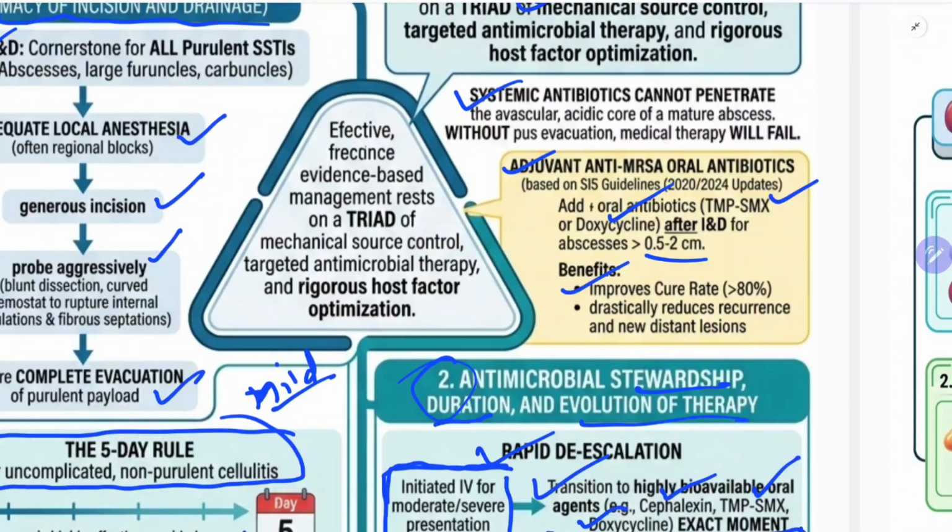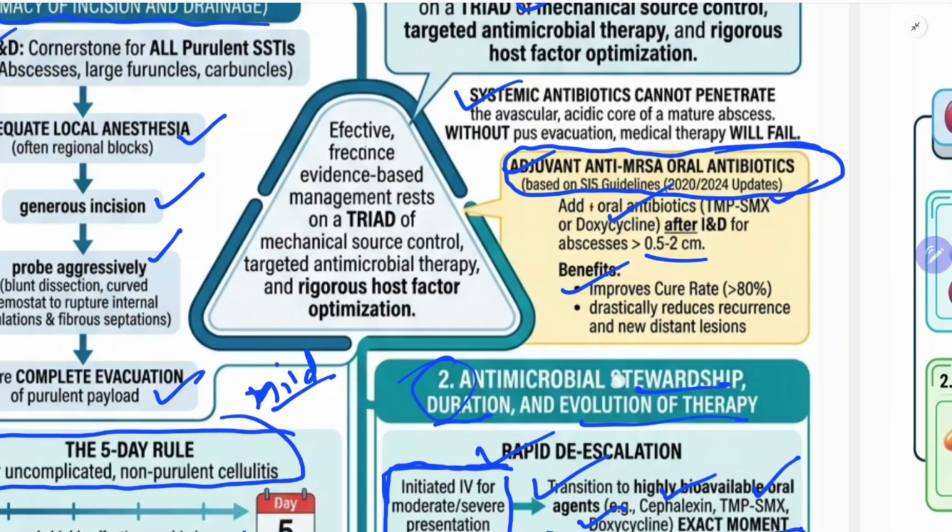It improves the cure rate by more than 80% and drastically reduces recurrence. This adjuvant antibiotic use is for mild purulent SSTI. There is a debate whether to use antibiotics for mild abscesses or not, but for mild purulent SSTI you can use these antibiotics as adjuvant for 5 days, the 5-day rule.